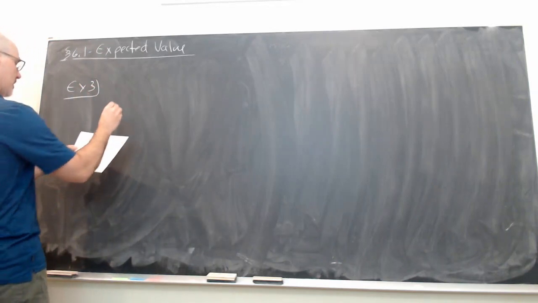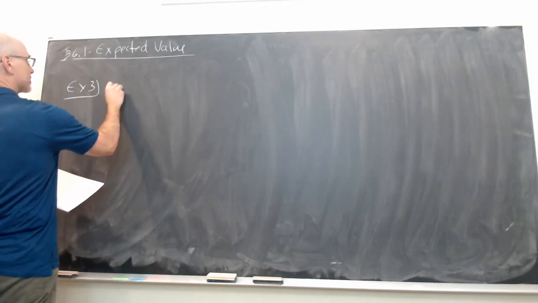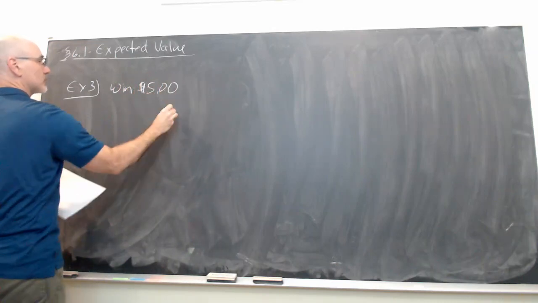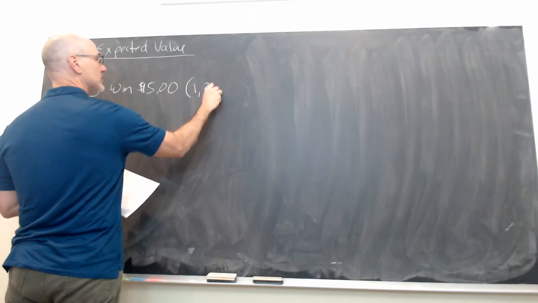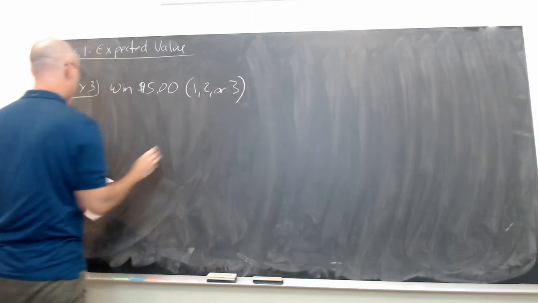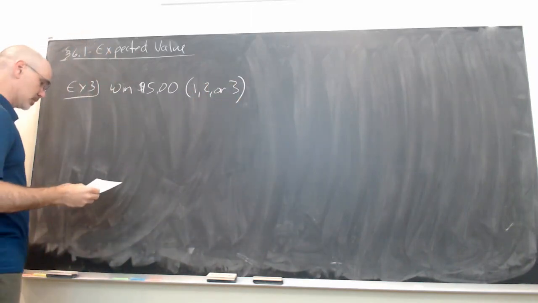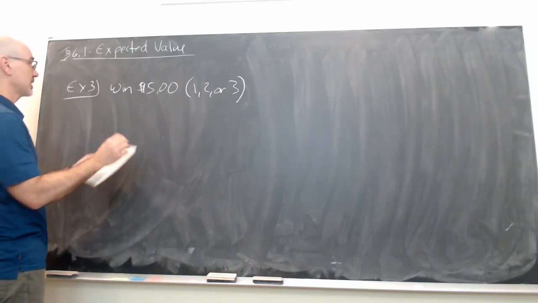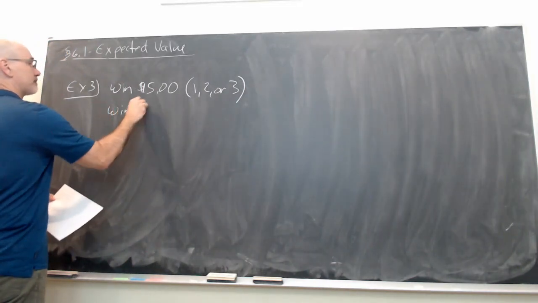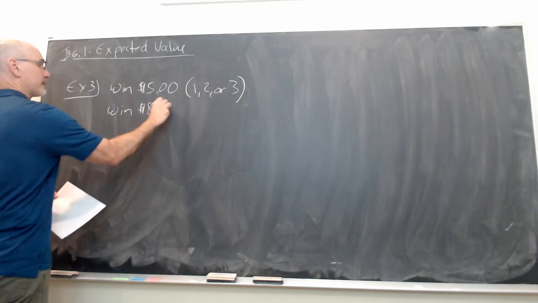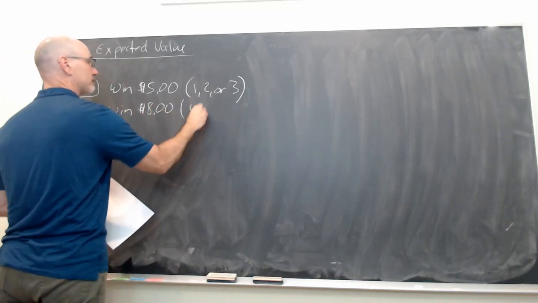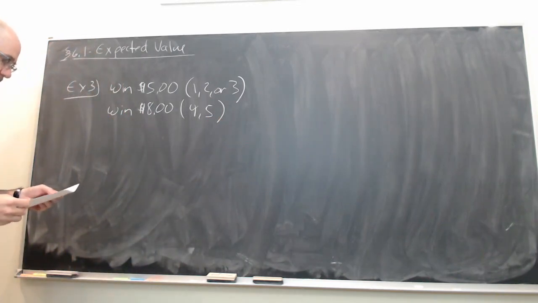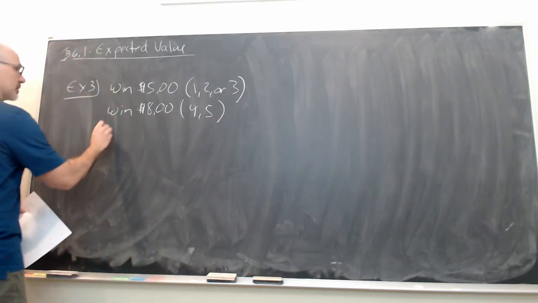We roll a 1, 2, or 3, we win $5. Very unlucky and we roll a 6, we lose $10.